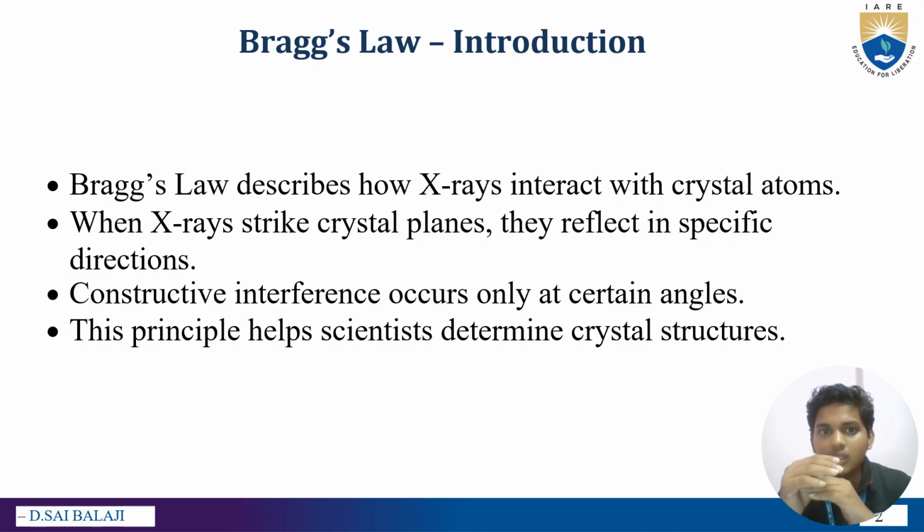And by Bragg's law we will get the abbreviation for it. Constructive interference occurs only at certain angles, as we know from destructive and constructive interference. Constructive interference needs much more complex and preferred situations.